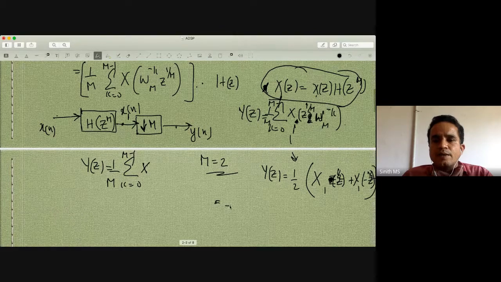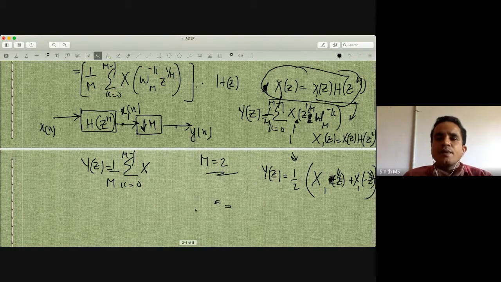Okay, and X1(z), you already know that X1(z) can be replaced by X(z) into H(z raised to m). In this case, we are considering m as 2, so X1(z) equals X(z) into H(z squared).